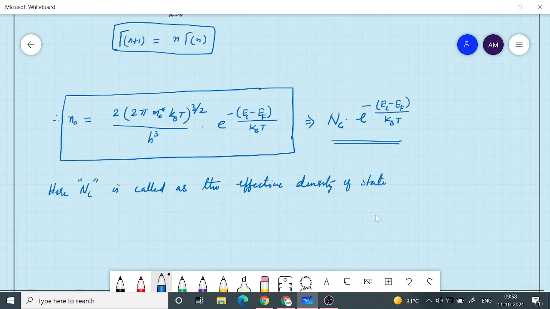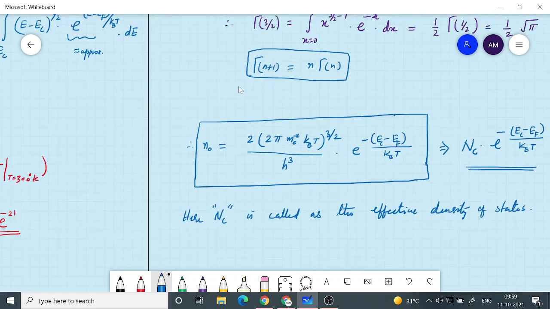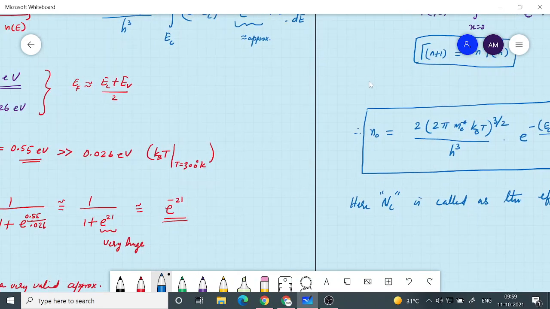Density of state is D of E, but NC here is the effective density of states. Now what is the difference? Actually the occupation in the conduction band is a distribution, which is given by that red curve which I drew earlier.